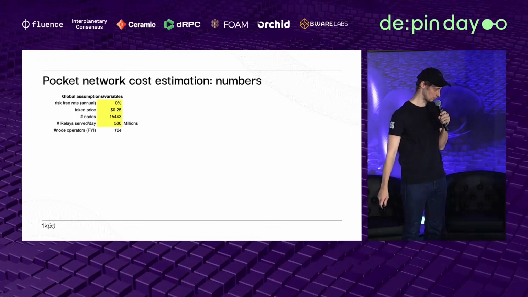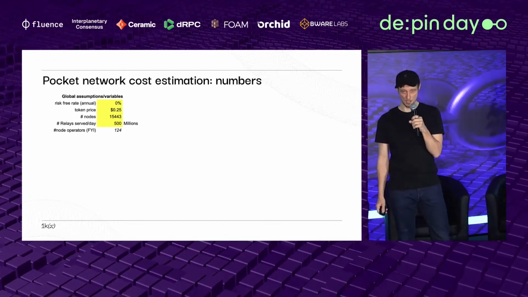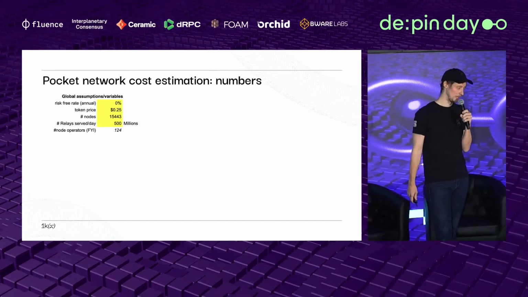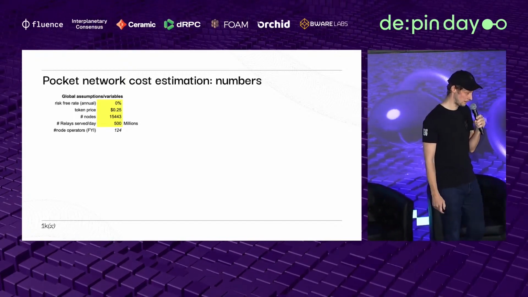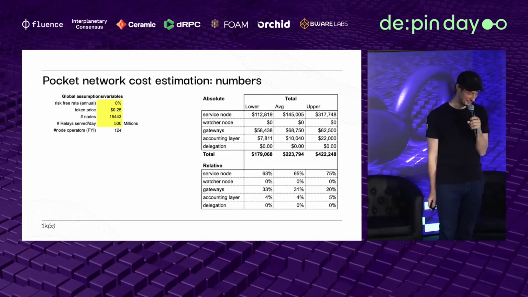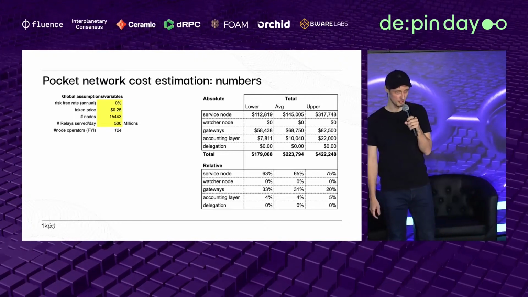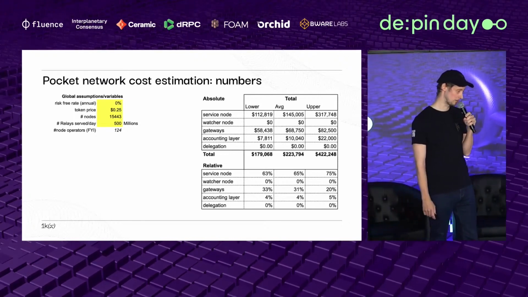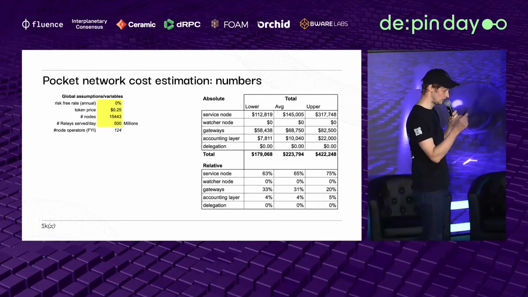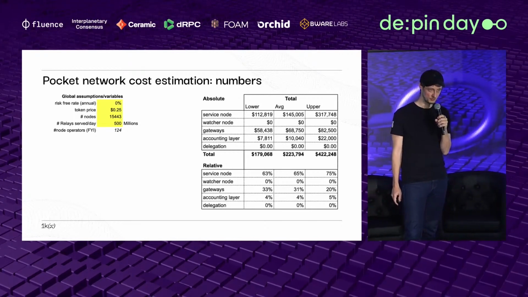To say, okay, how many nodes are currently live? What's the current demand? Roughly 500 million relays served per day. And then we plug it into a model and we see, well, it's roughly $200,000 per month. This is what it currently costs to run the Pocket network. And as you can see, the big chunk right now are the service nodes.